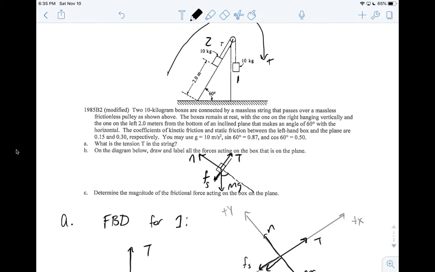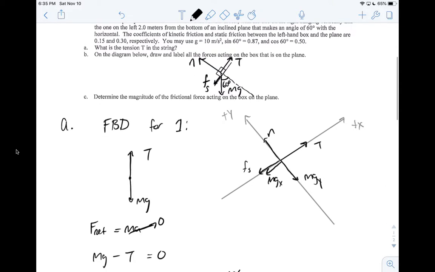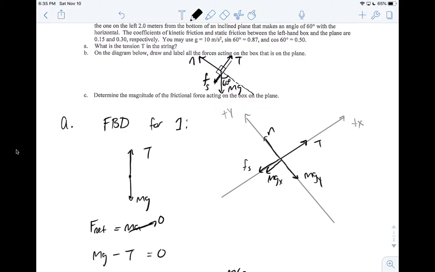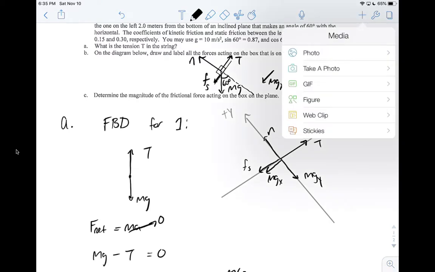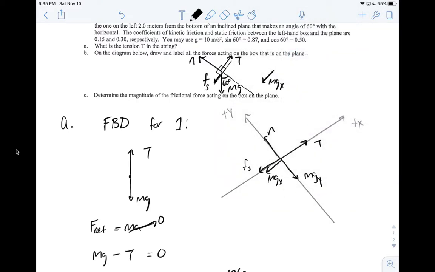So this angle right here between the old vertical and the new vertical is 60 degrees. If we take the sine of that angle, that gives us the mgx component, and the cosine of that angle gives us the mgy component.